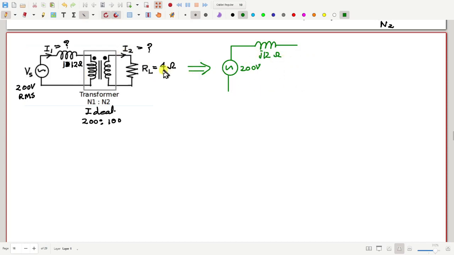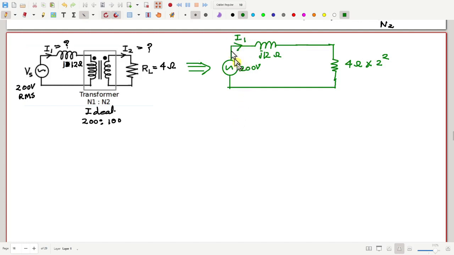Now if I bring the secondary circuit to the primary side, I have to multiply all the secondary impedances by (N1 by N2) whole square. So that means 4 ohm multiplied by 2 square. Then we connect it directly to the primary circuit. This is the equivalent circuit, and this current was I1.